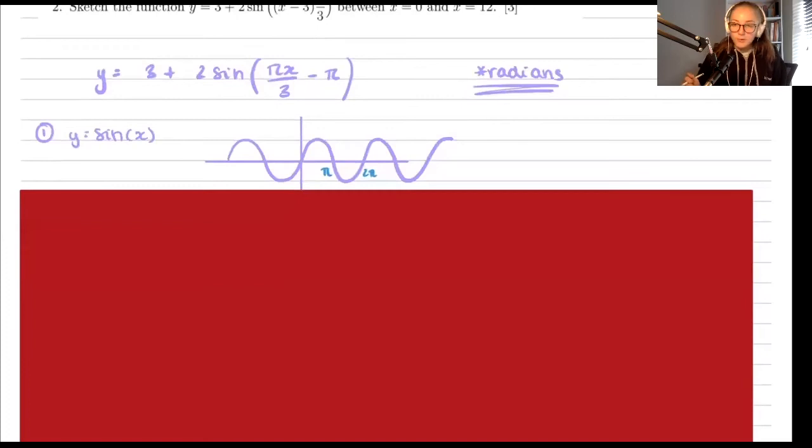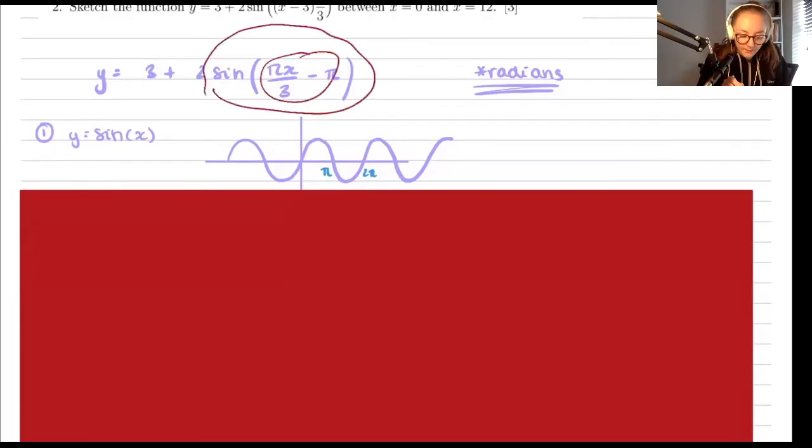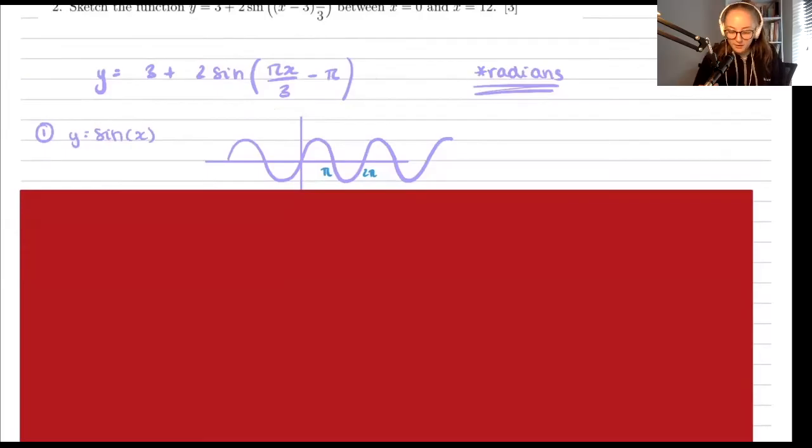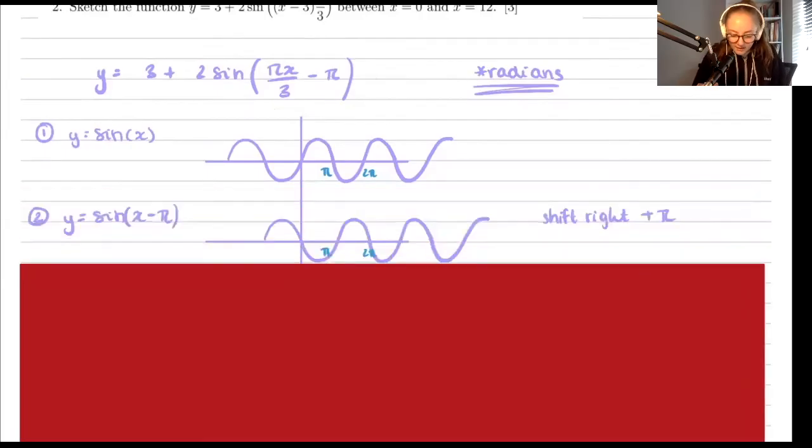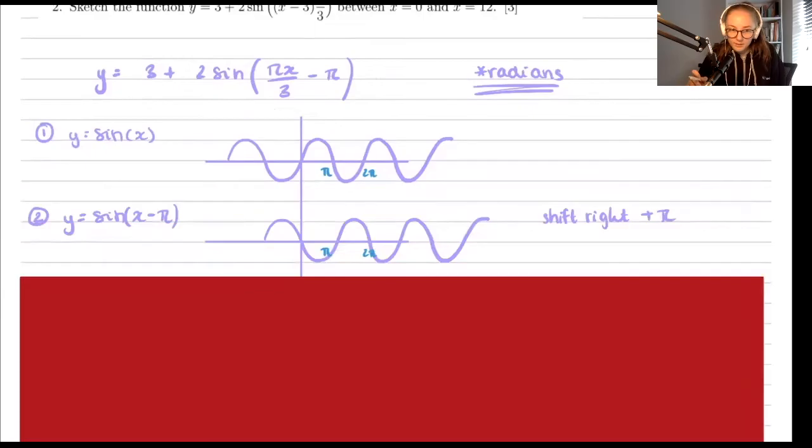My first step here was to draw just a sine graph. So that would be just looking at this portion here, pretending that what's in here doesn't exist. And you all know what a sine graph looks like. Then we have a look at what's inside the brackets. And the things that are inside the brackets only affect the x-axis, and the things that are outside of the brackets only affect the y-axis.